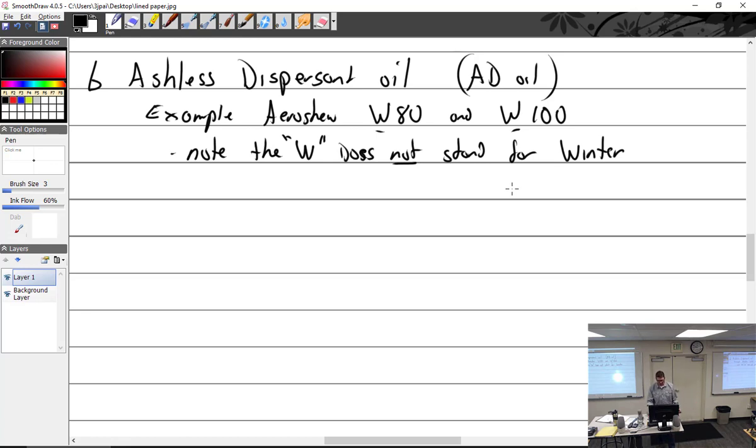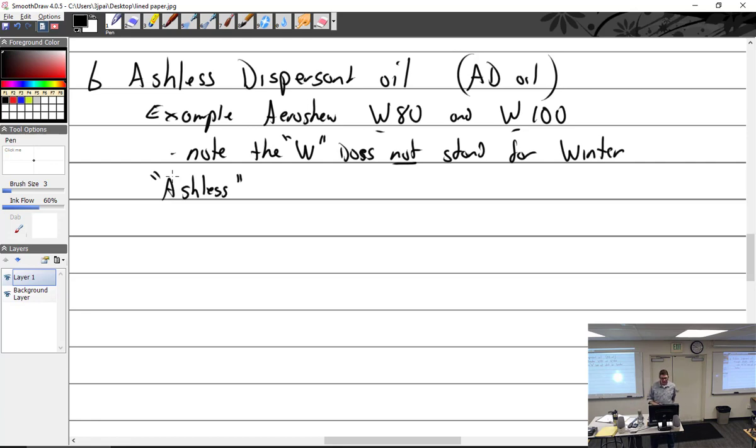Okay, so what does ashless mean? That's kind of a big deal and why we can't use automotive oils in our aircraft engines. Also, the lead is a huge problem.